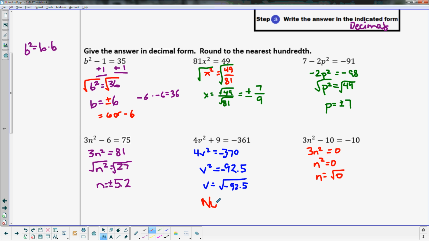We cannot take the square root of a negative number. Now, this is kind of like your early math teachers saying you can't do things like go 3 minus 5. I remember I had a math teacher who said you can't go a smaller number minus a bigger number.